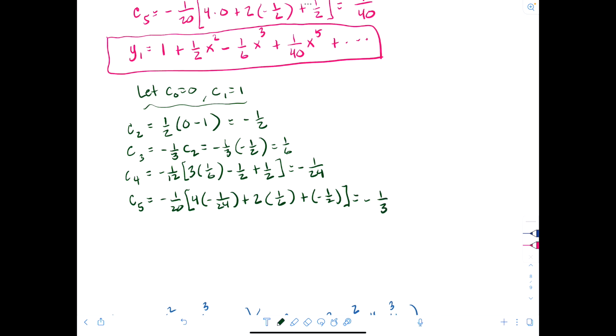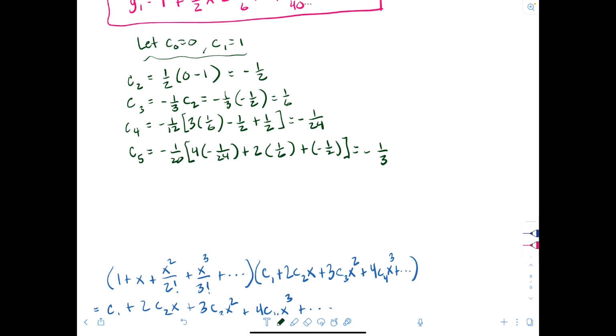All right, so now our y2 solution will be, so C0 is 0, C1 is 1, so we'll get 1x minus 1/2 x squared plus 1/6 x cubed minus 1/24 x to the 4th.